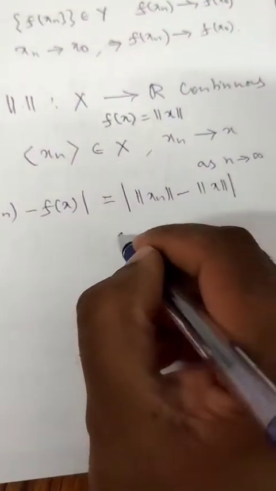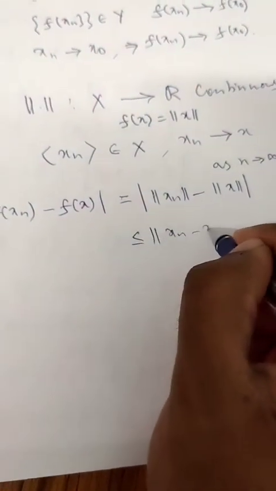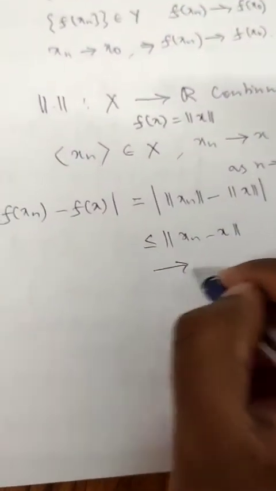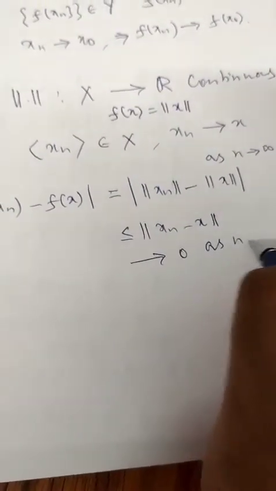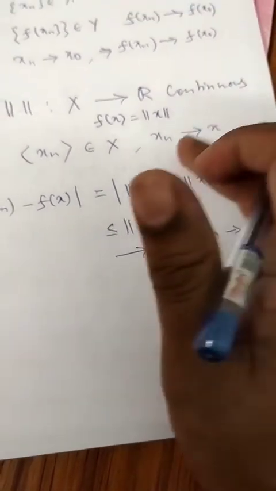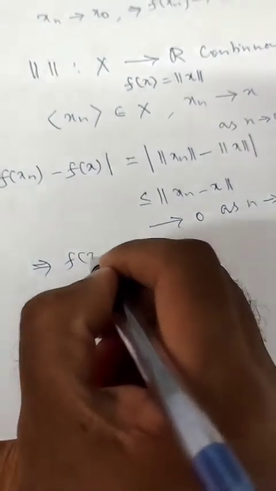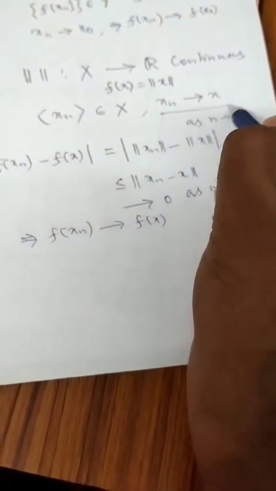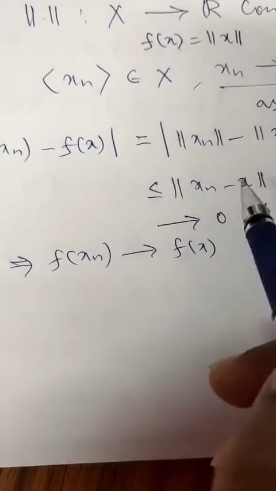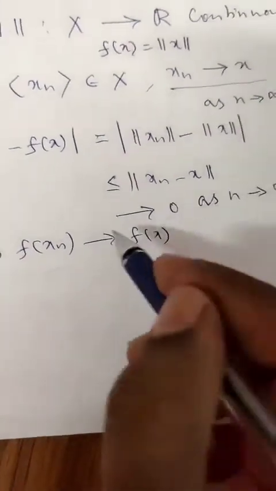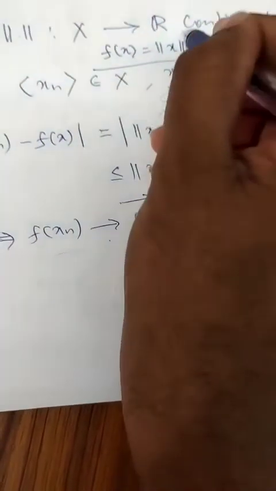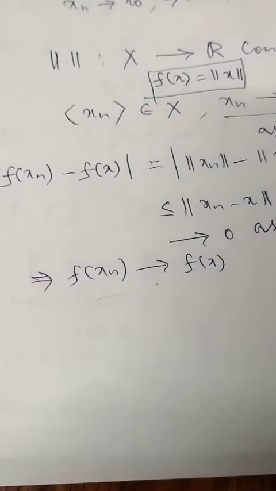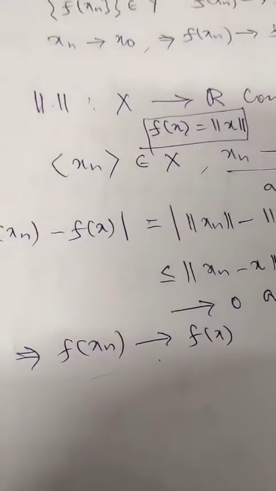But this is less than or equal to norm of xn minus x, and this tends to 0 as n tends to infinity. So this implies that f of xn converges to f of x. That means if you assume that xn converges to x, then f of xn converges to f of x. Here f is nothing but the norm function, so the norm is a continuous function on X.